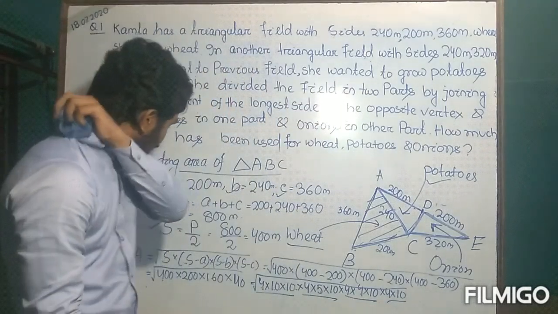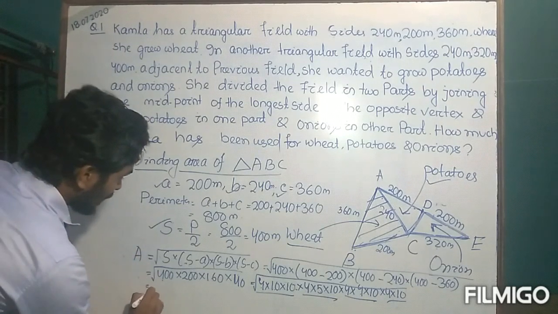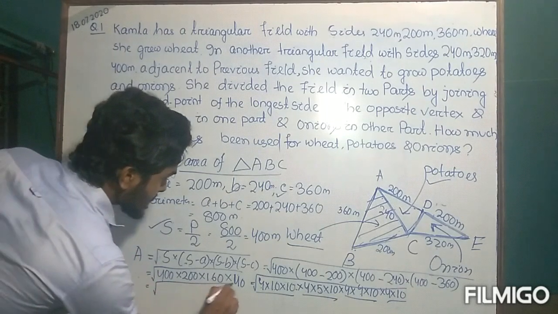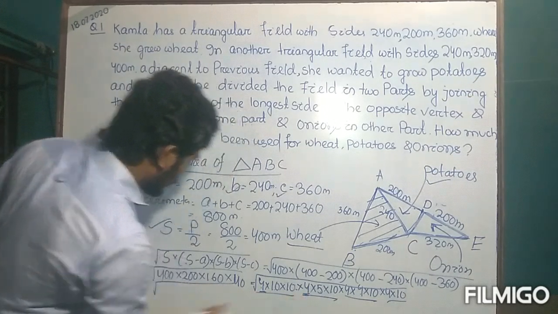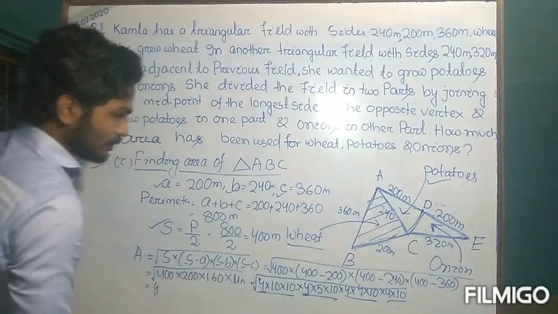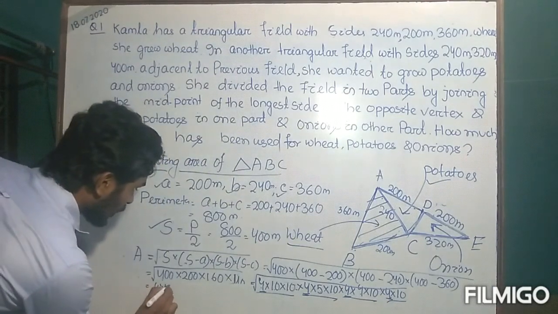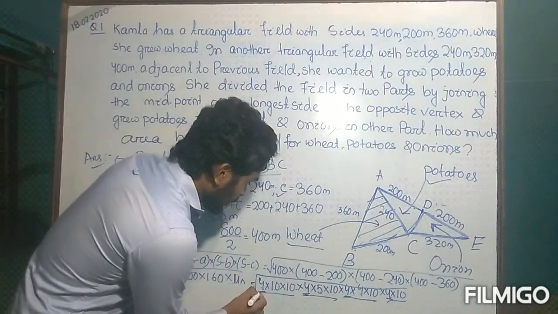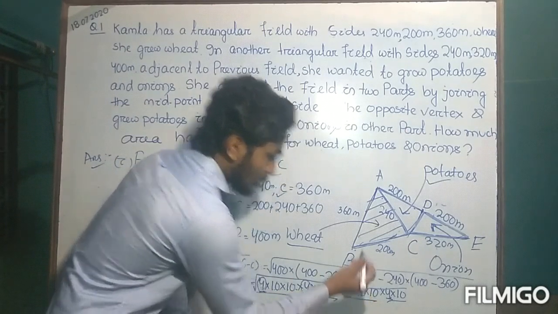So now I am writing this here. See how many 4 are there? 1, 2. So for 2 4 you can write a single 4. For this 2 4 you can write a single 4. So this goes out, this goes out, this goes out, and this goes out.